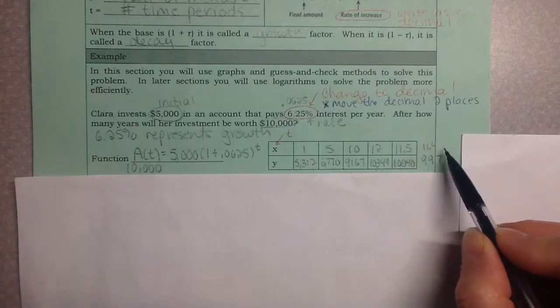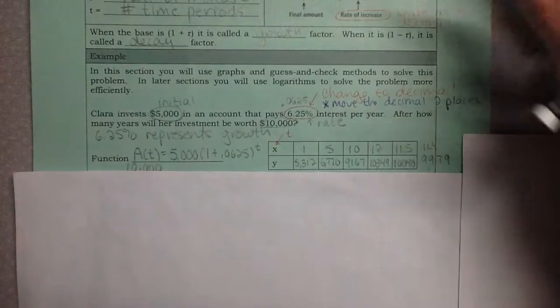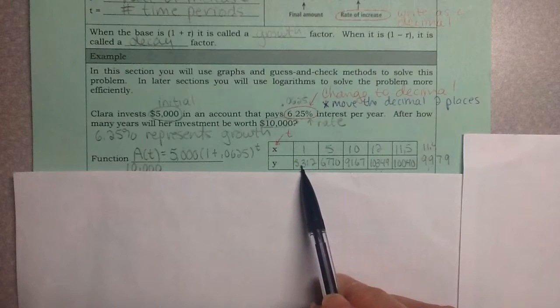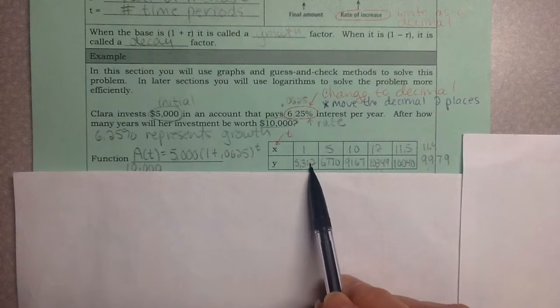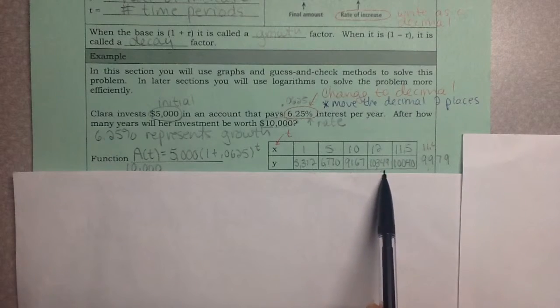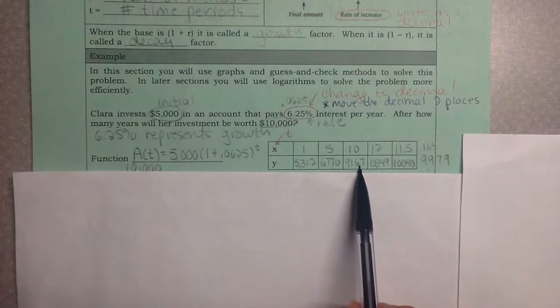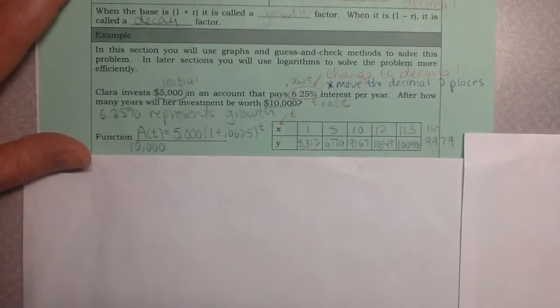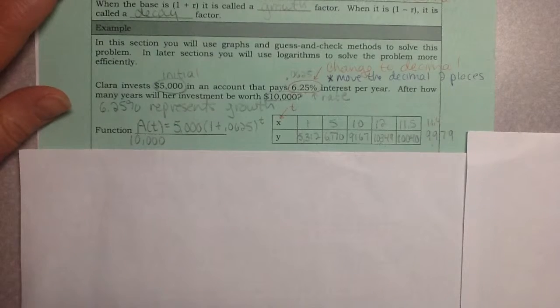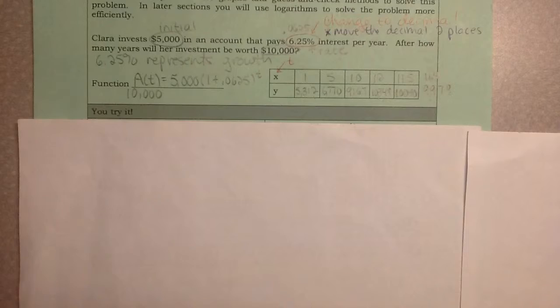I could take this out a few more decimal places, but I just took it out to the nearest tenth. You can see what happens in the lower numbers here. It doesn't grow very quickly, but as you get to the upper numbers, it does jump quite a bit more. Here there was a difference of 4, here just a difference of 2. Now I'm going to have you try a few questions.